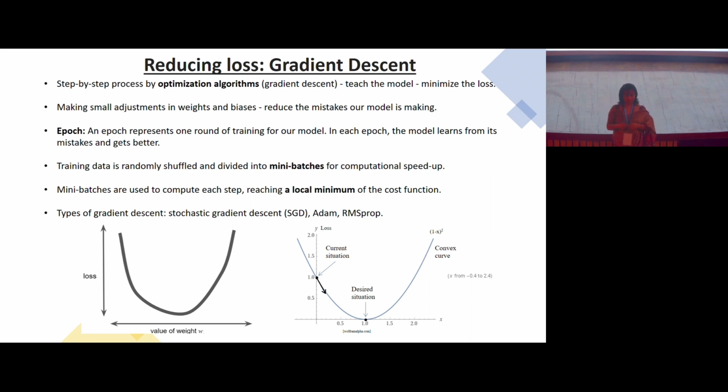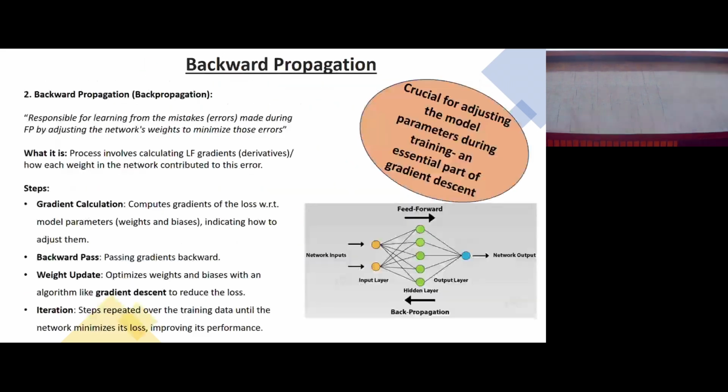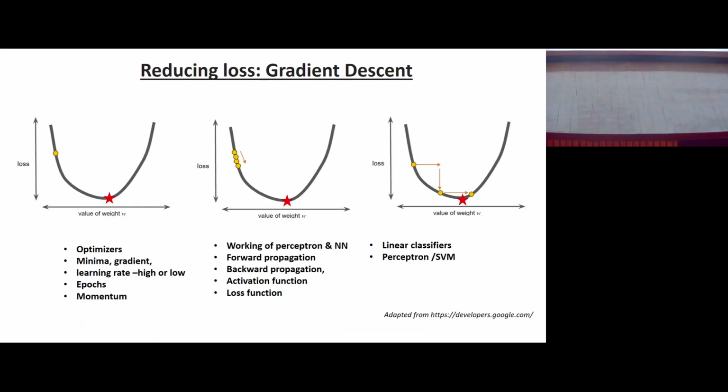See, when this overshoots, suppose I'm taking larger steps and I missed my local minimum, but I have still not stopped using my gradient descent.